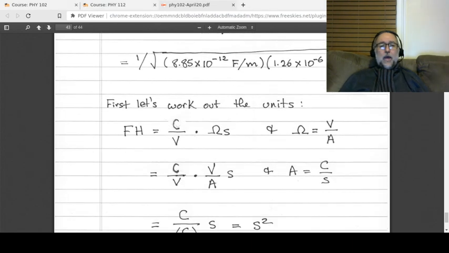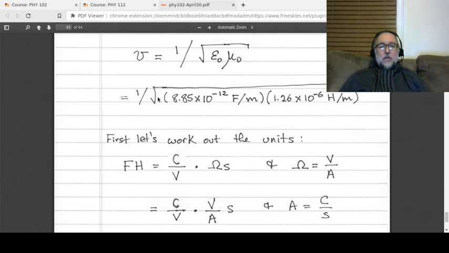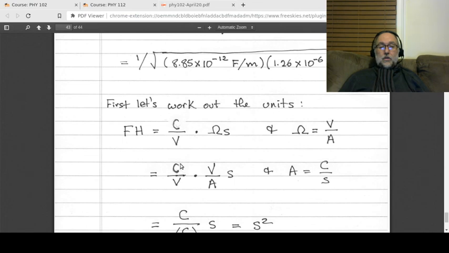Okay, well, let's just do the farad times the Henry first. So you have a farad times a Henry. A farad, measure of capacitance, is a coulomb per volt. Okay, and a Henry is an ohm second. And remember that an ohm is a volt per amp. That's from Ohm's law. And so if we put that all in here, so here's the coulomb per volt for the farad, and here's the volt per amp times the second for the Henry.